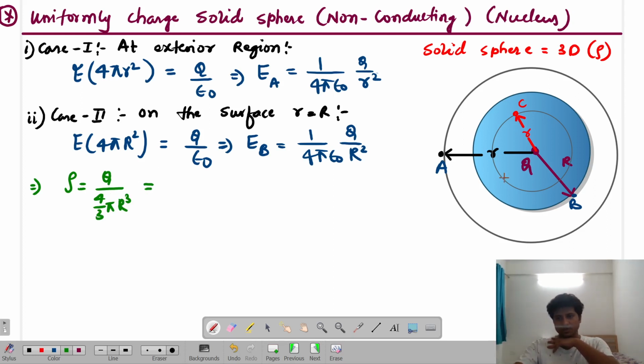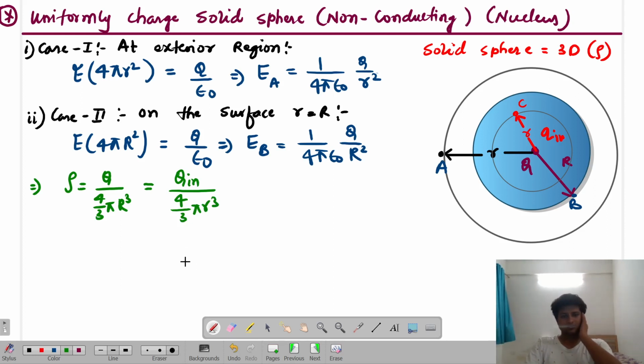And for this small sphere also the rho will be the same, isn't it? So consider inside this small sphere the charge enclosed is a small q, or q in. Take that q in. Since rho is the same, for this sphere also the volume should be used. So q in by the volume of that sphere, which is 4 by 3 into pi into small r cube.